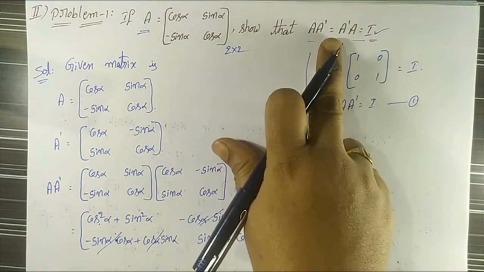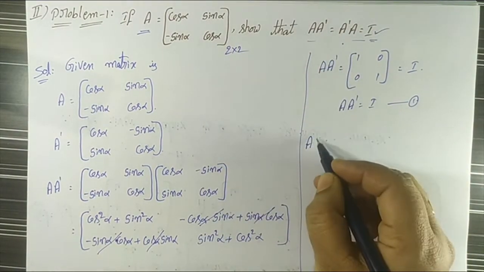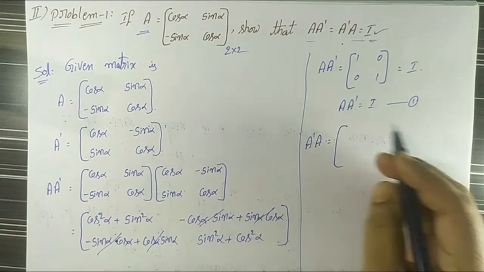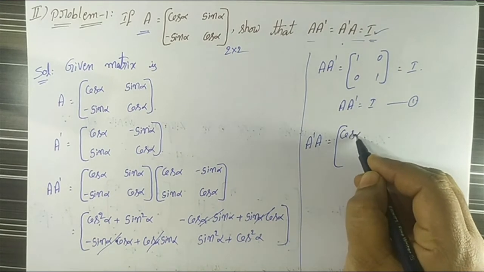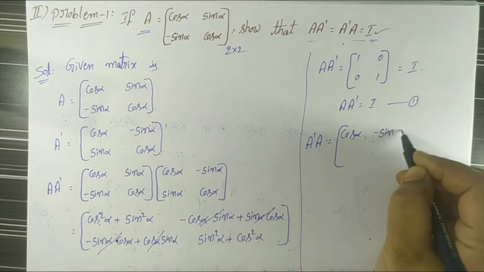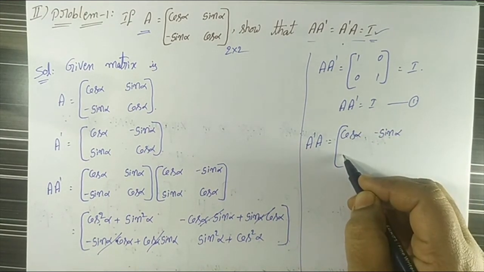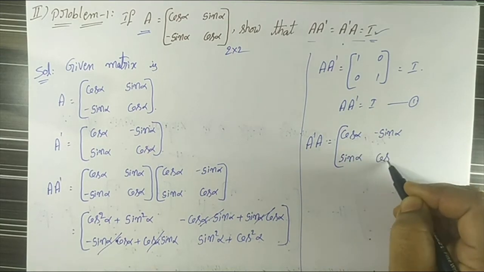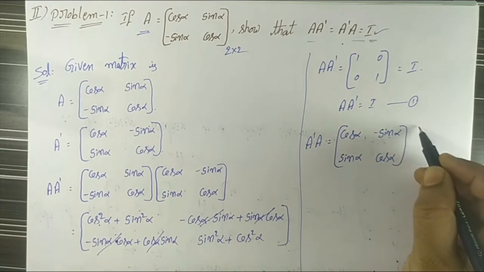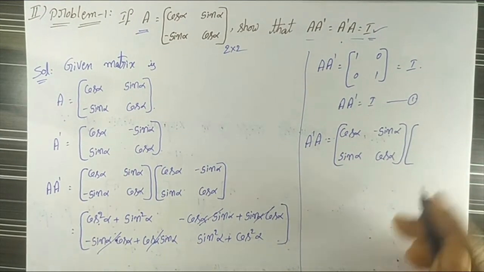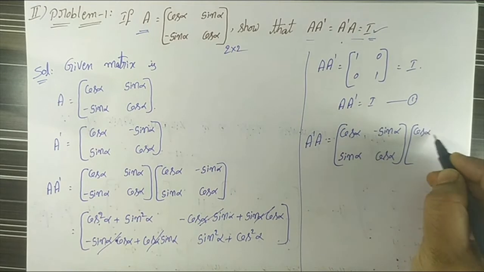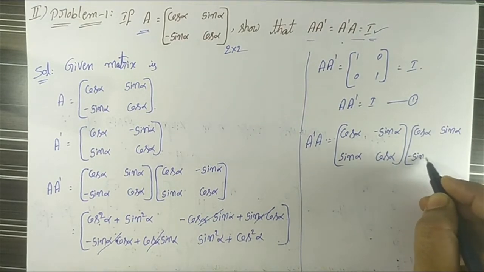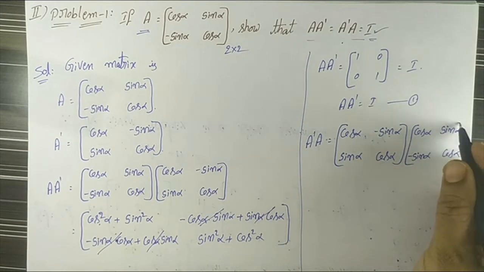Next, we find A dash into A. That is A dash into A equals, the A dash value is cos alpha, minus sin alpha, sin alpha, cos alpha, into the A value cos alpha, sin alpha, minus sin alpha, cos alpha.